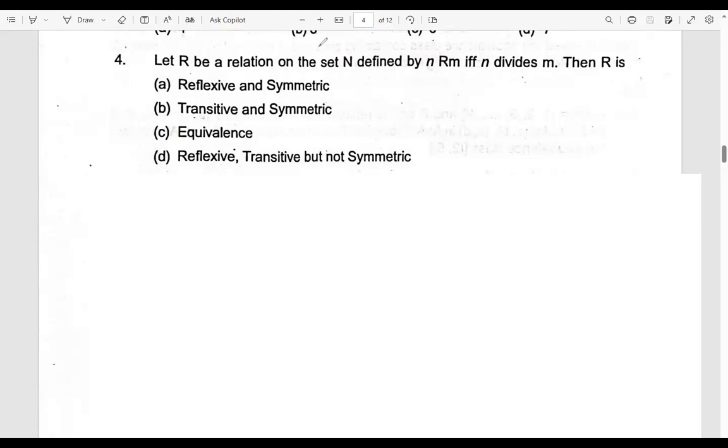Let's say n divides m. Now we know that every natural number is divisible by itself, like 7 divides 7. Now, if n divides m, does it mean m divides n?